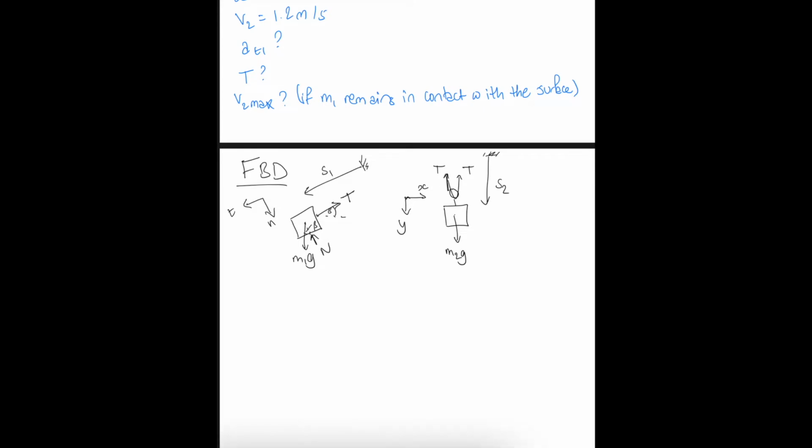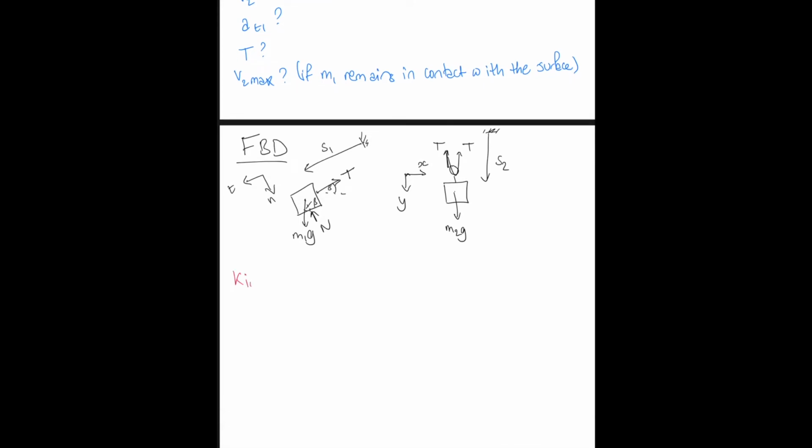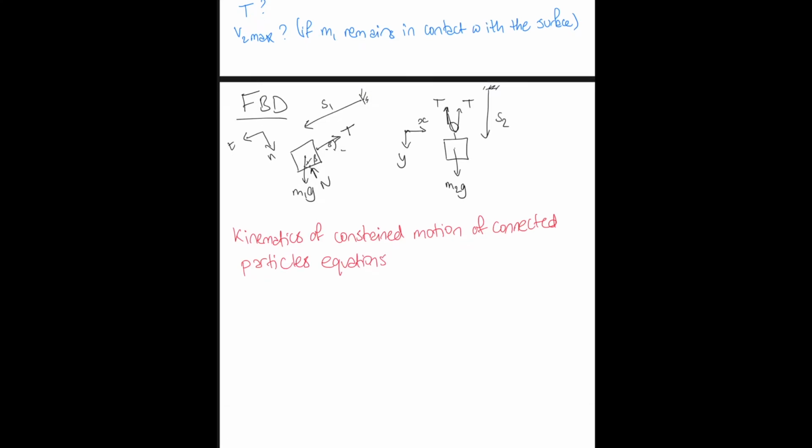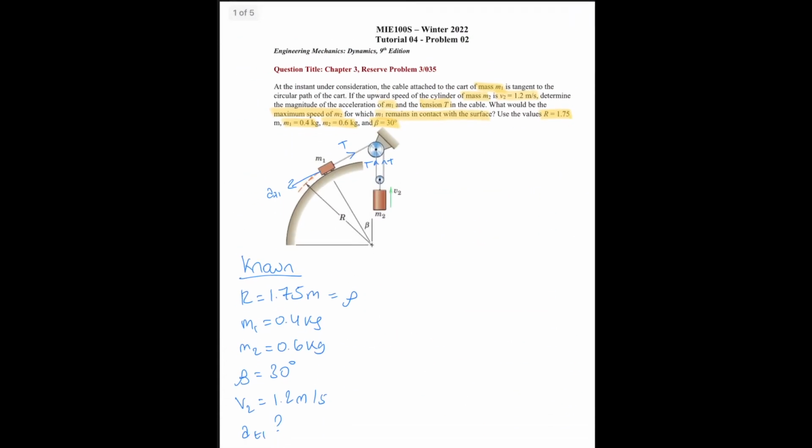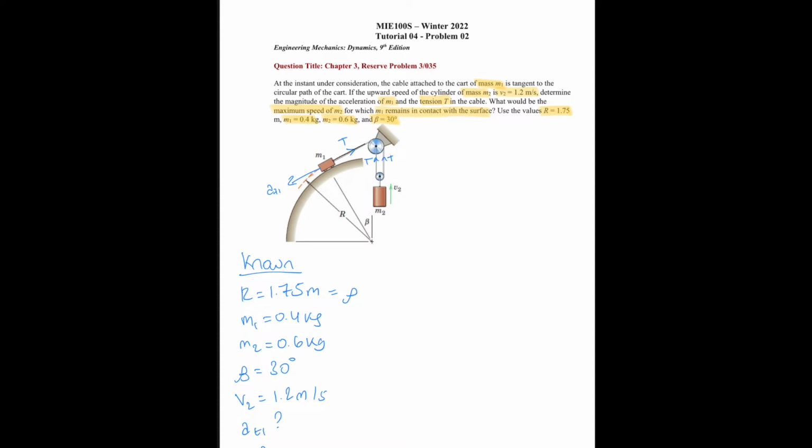All right, so if we recall the kinematics of constrained motion of connected particles, basically the pulley equations, we know, if we go back here, we've got this length, S1, this length, S2, and this length, also S2.